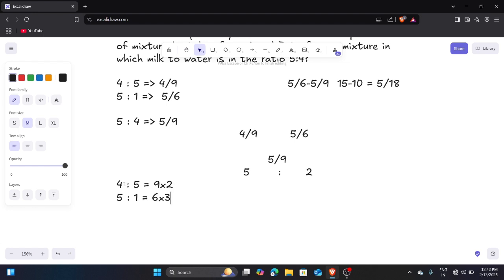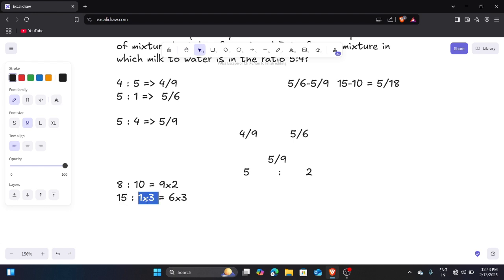The same thing you have to do here also, multiply 2 here, and the same thing here also, multiply 3 here. So the answer would be 8 here, and when you multiply it here, it is 10.